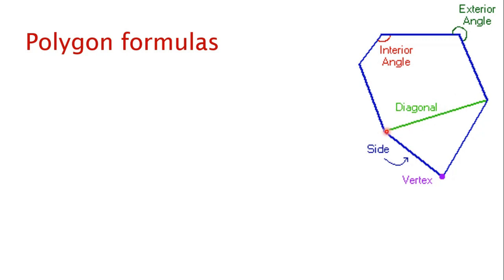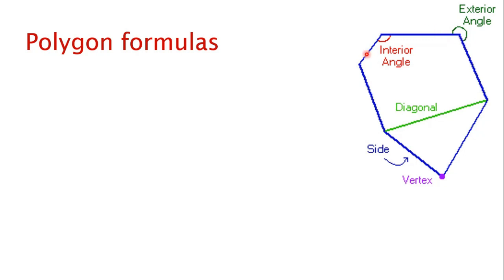From this point to this point of the polygon, we can draw a diagonal. We can draw another diagonal from here to this point. You can call that a diagonal. And so this is the exterior angle. The angle outside the polygon is what we are calling the exterior angle.